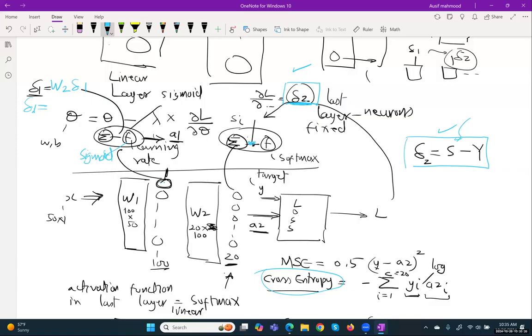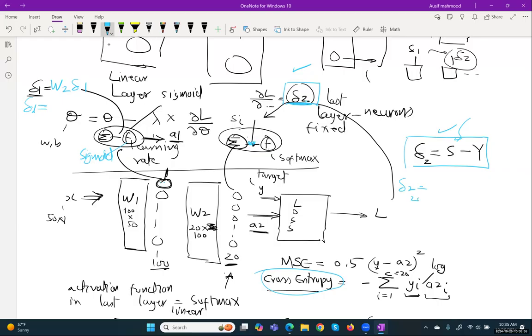Now you have to be careful as you are setting up the problem. Anytime we're multiplying matrices and vectors, or matrices and matrices, the dimensions have to match. So in this example, my question to you is, what is the size of delta 2? 20 by 1. There are 20 neurons, and it's the derivative in the middle of the neuron.